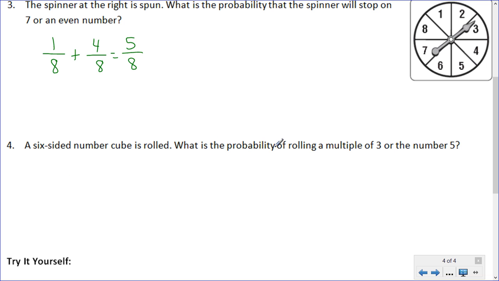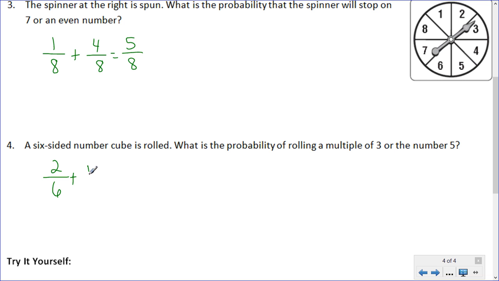So first, the probability of rolling a multiple of 3. Well, on a 6-sided number cube, the multiples of 3 would be just 3 and 6. So there are 2 of them total out of 6 numbers total. And then we want to add the probability of the other event since it's mutually exclusive, the number 5.